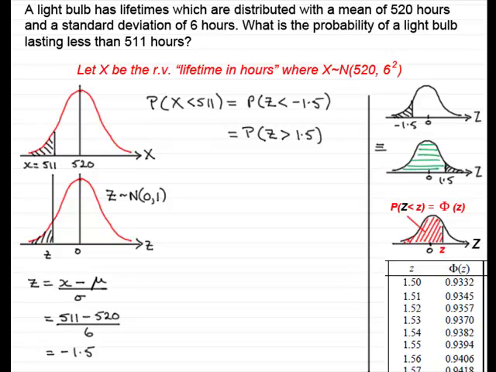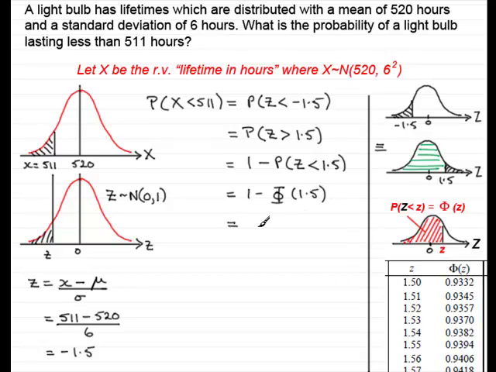So we write in that this is the same as 1 minus the probability that z is less than 1.5. The probability that z is less than 1.5 can be written as phi of 1.5. You don't have to write that in, but I'll write it in just in case you want to.